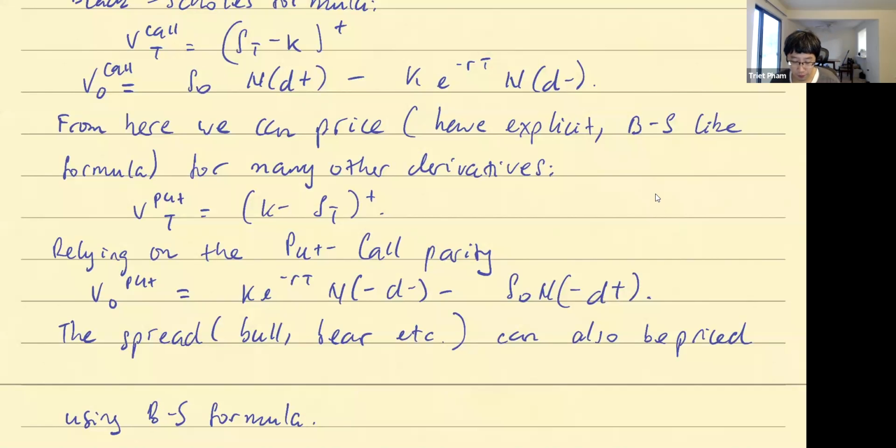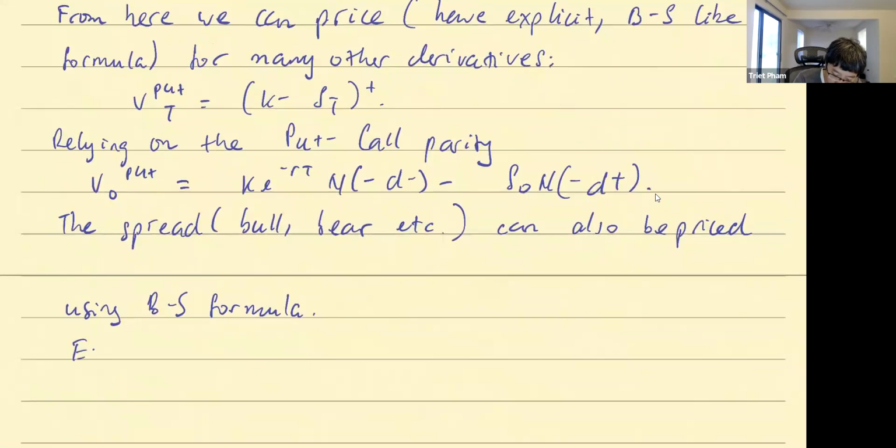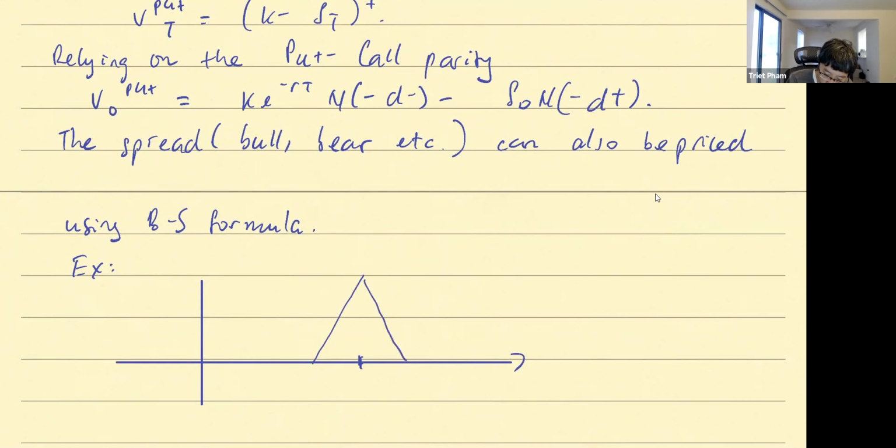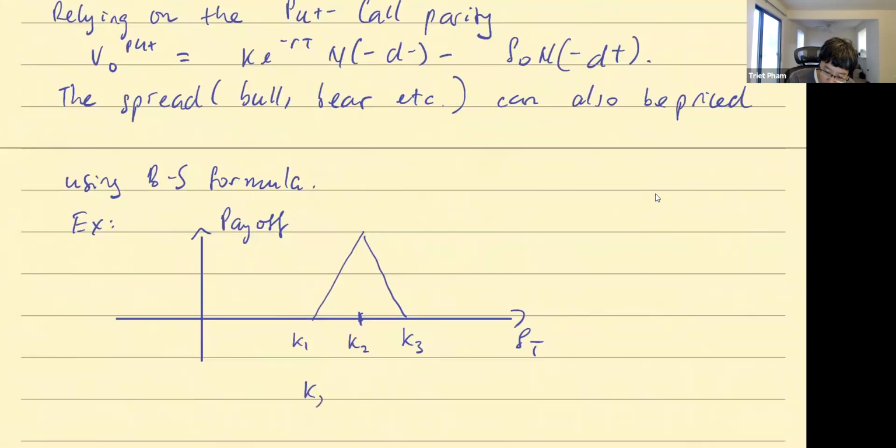For example, let's say this one right here, K1, K2, K3, where this is the payoff and this is the stock, where K2 is exactly halfway between the others.